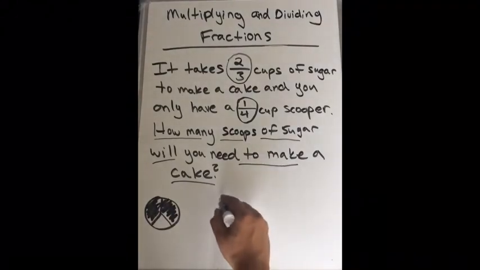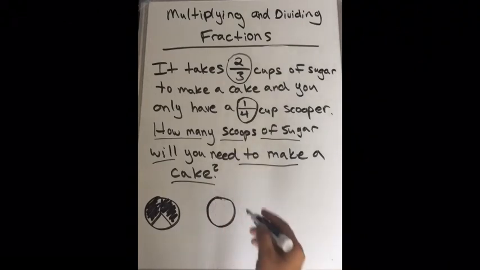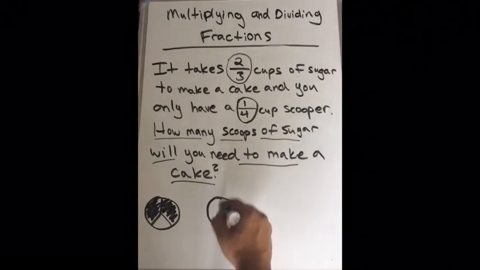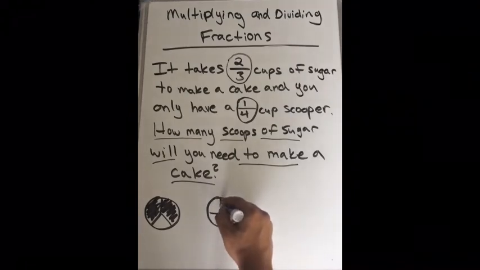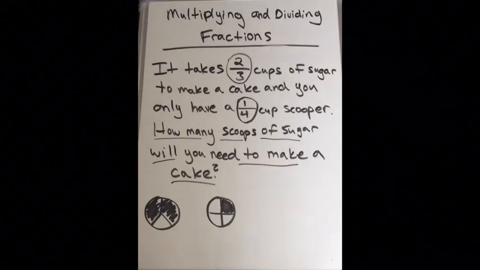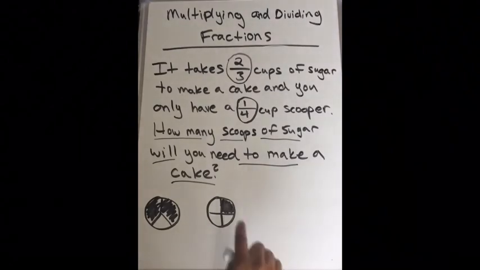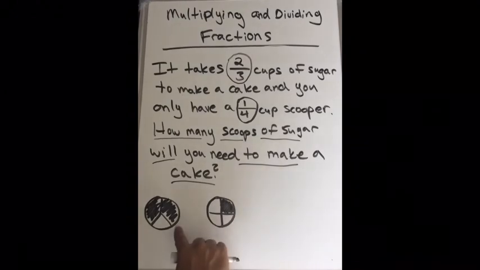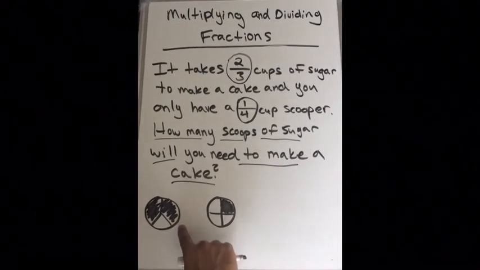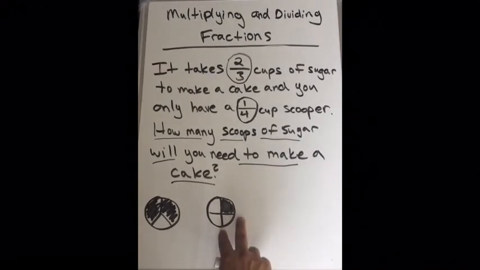This scooper, however, if we want to represent it as a fraction, or in this case a diagram, a little pie chart, well, it only takes about 1 of those. 1/4, because it's cut into 4 pieces. This is what we remember about fractions. Well, in this case, it seems as though this scooper is smaller than the amount it would take to satisfy that. So we want to know how many of these scoops are going to go into that one.